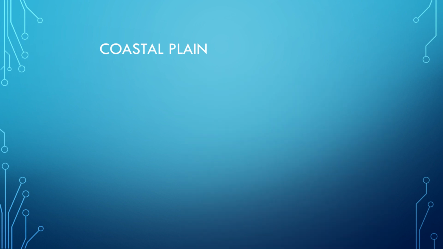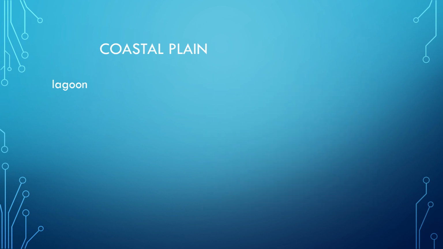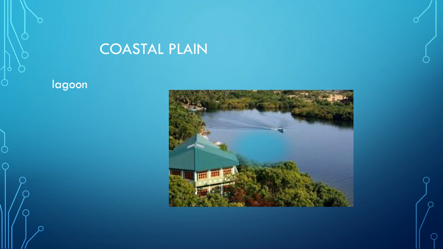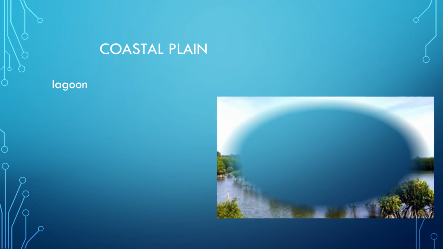Third one is lagoons. A lagoon is a small patch of water surrounded by land on three sides. Lagoons have a narrow mouth and they have brackish water. Examples: Batticaloa Lagoon, Kalpitiya Lagoon.